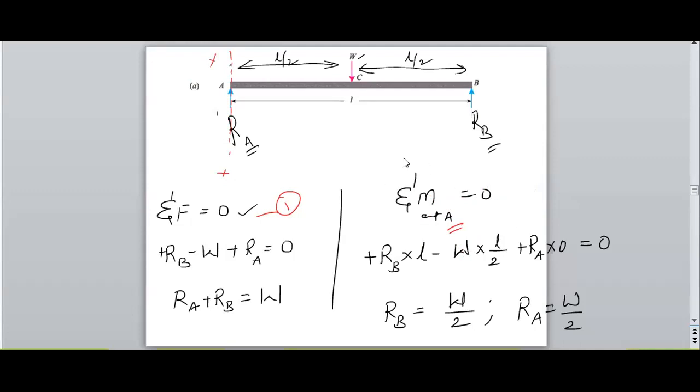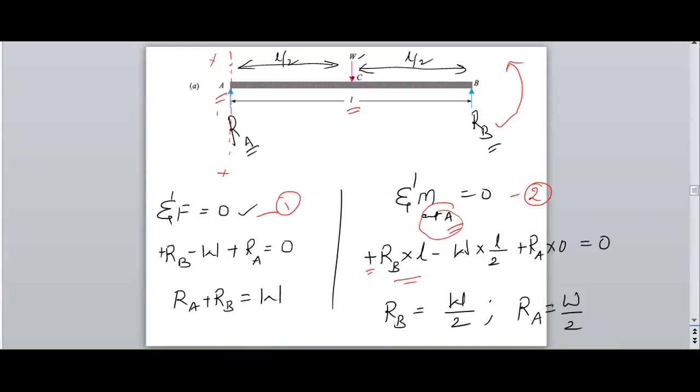Therefore, RB into the distance from A, which is L, so RB into L, is moving in the anti-clockwise direction. Therefore, it is positive.